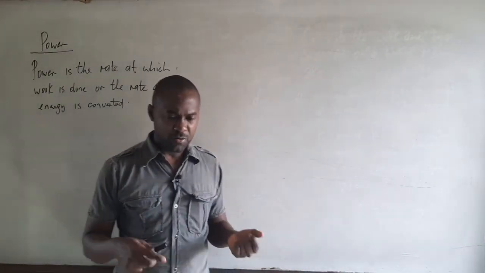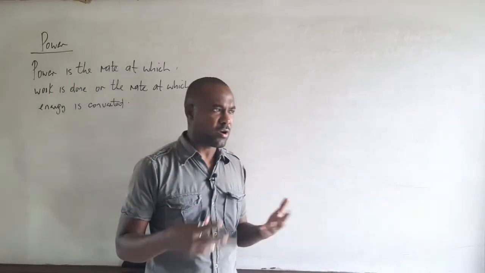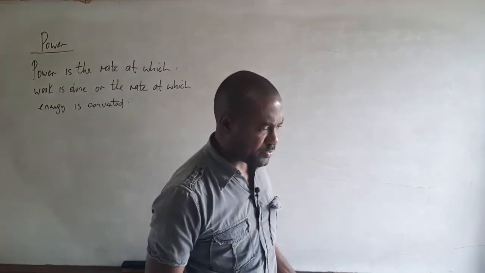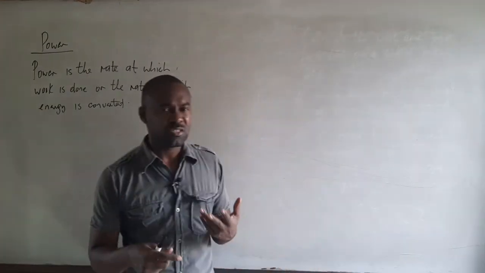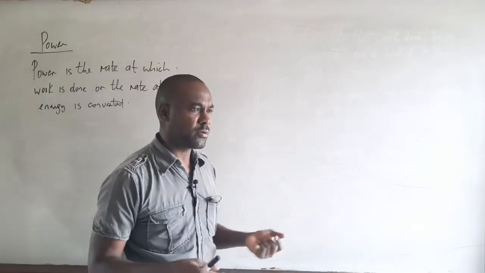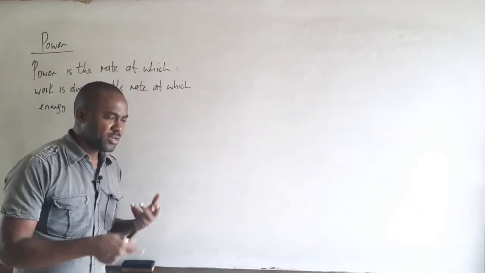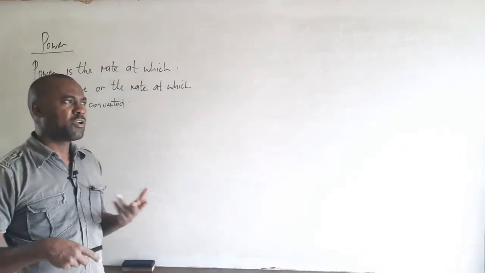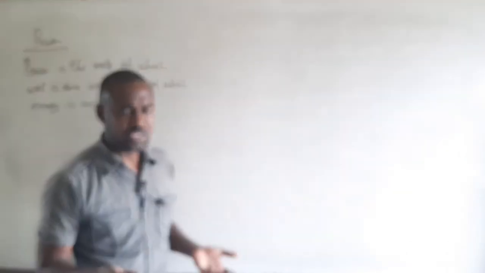And as I said before, there is a direct relationship between work and energy. Whenever work is being done, it usually means that there is some transformation or conversion of energy from one form into another. So therefore, power is the rate at which work is done, or the rate at which this energy transformation takes place.